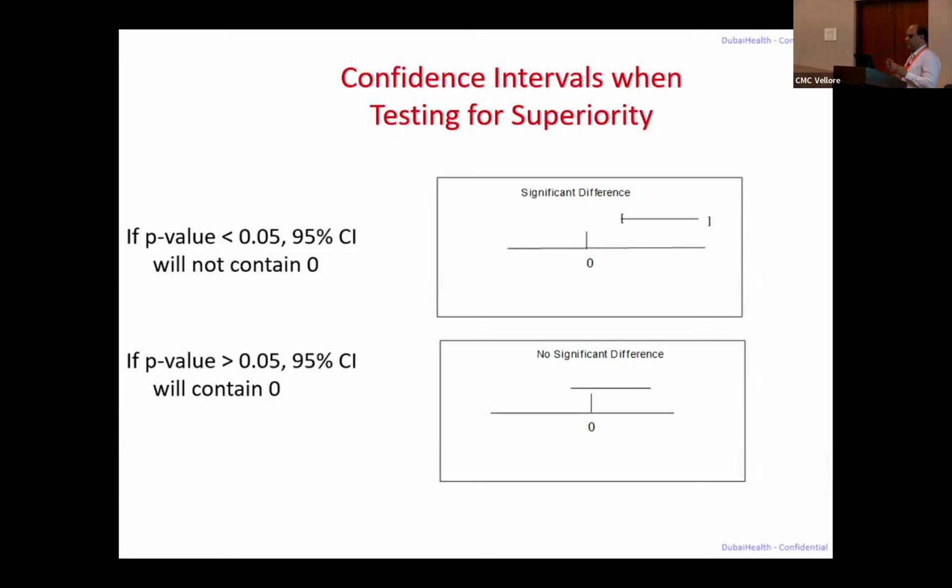That means the confidence interval which you construct should avoid 0 between the two limits. Say, for example, this confidence interval of the difference between the two arms does not include 0 between the two limits. Is that right? Therefore, it is statistically significant.